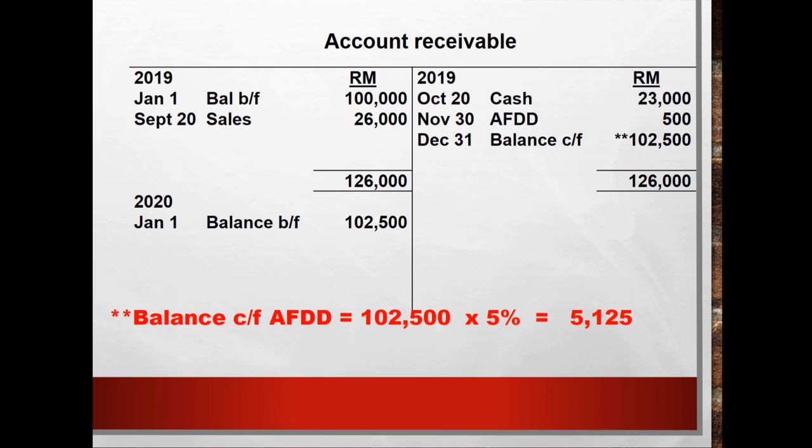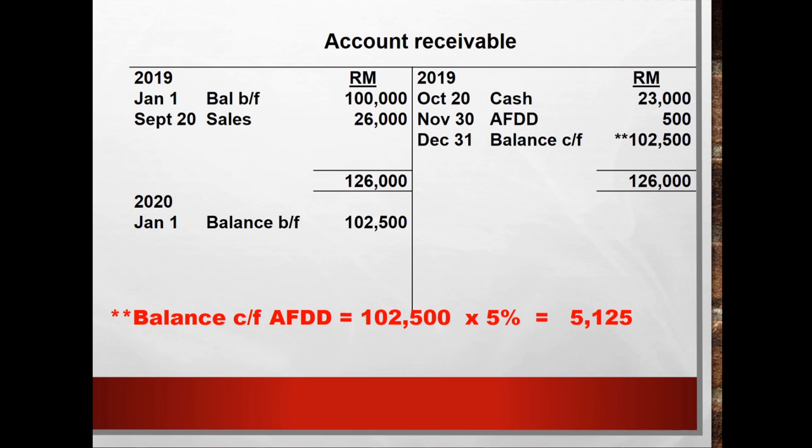This is the balance from the financial position of the previous year, and this is September 20 sales on credit. So debit account receivable 26,000. After that, receive cash from account receivable, debit cash, and credit account receivable.